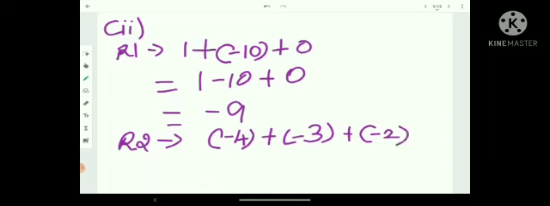So here in the row, minus 4, so plus into minus, minus 3, plus into minus again minus 2. So everything is minus, so we can add everything and put the minus. 4 plus 3 7, 7 plus 2 9, so minus 9. So now row 3.